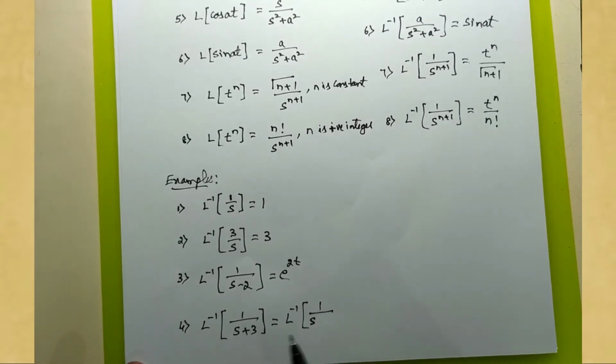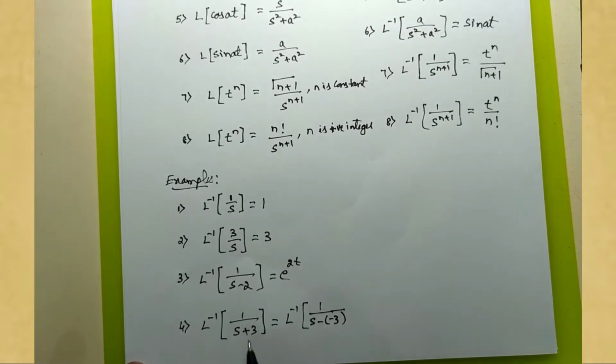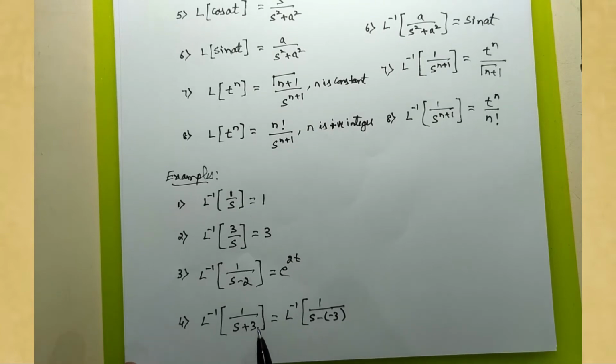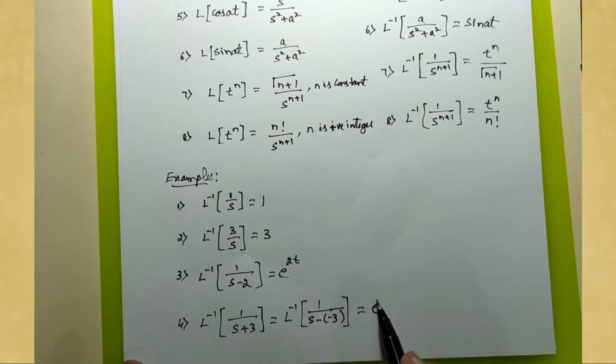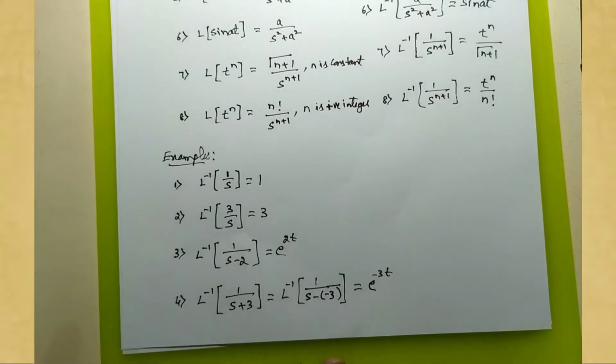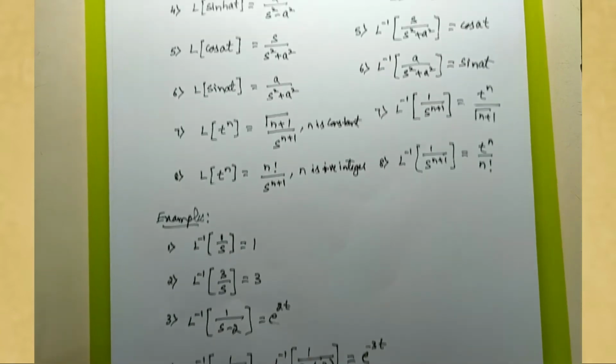So I can write this plus 3 as minus of minus 3. This plus is written in the form of minus of minus 3. So this has to be written in the form of e power of at. S minus a, so a value is minus 3. So you get e power of minus 3t. That will be the required solution.